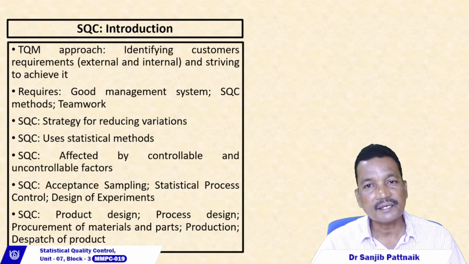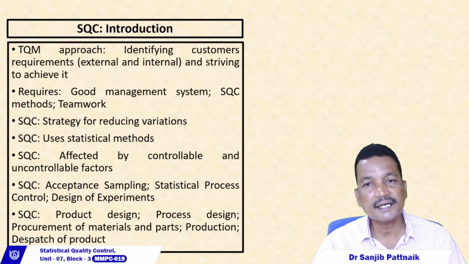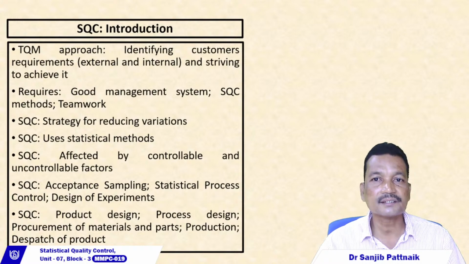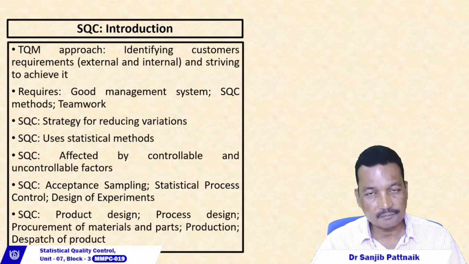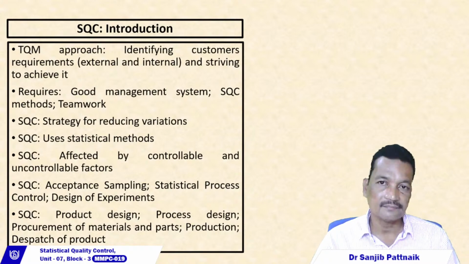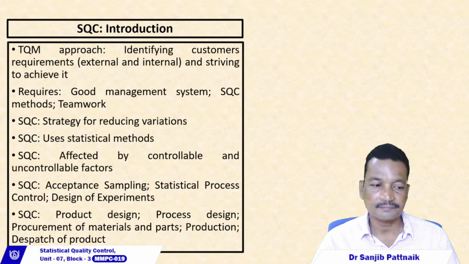And finally, the outputs which are coming out are tested. That means whether they have the quality characteristics as required by the customers as well as we have designed, and we send it to the customers.